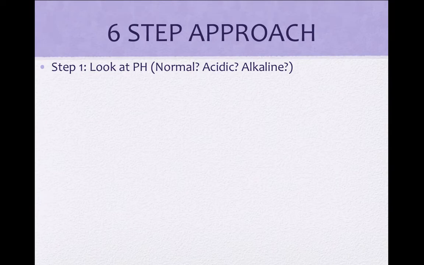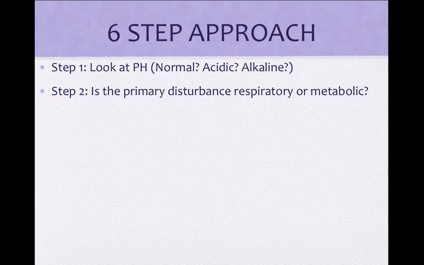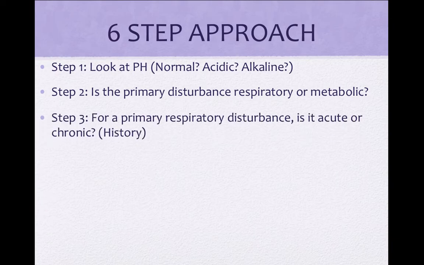The first step is to look at the pH and to determine whether it's normal, acidic, or alkaline. The second step is to determine the primary disturbance, whether it is respiratory or metabolic in origin. Step 3 is only when the primary disturbance is respiratory in origin, and we have to find out whether it is acute or chronic.